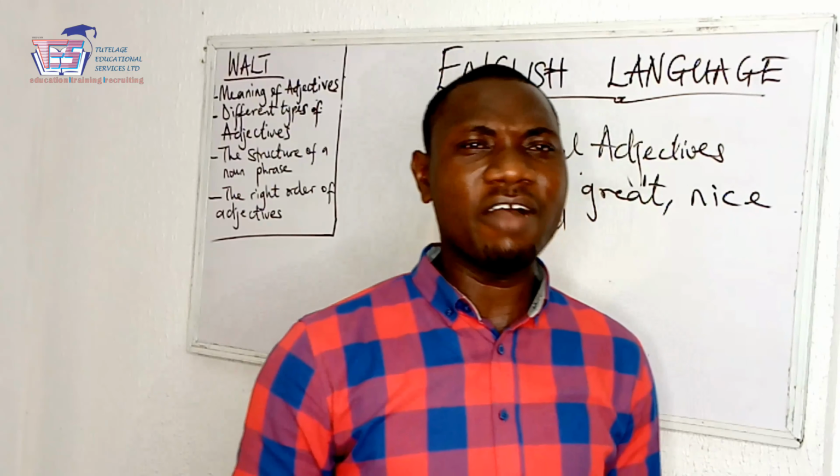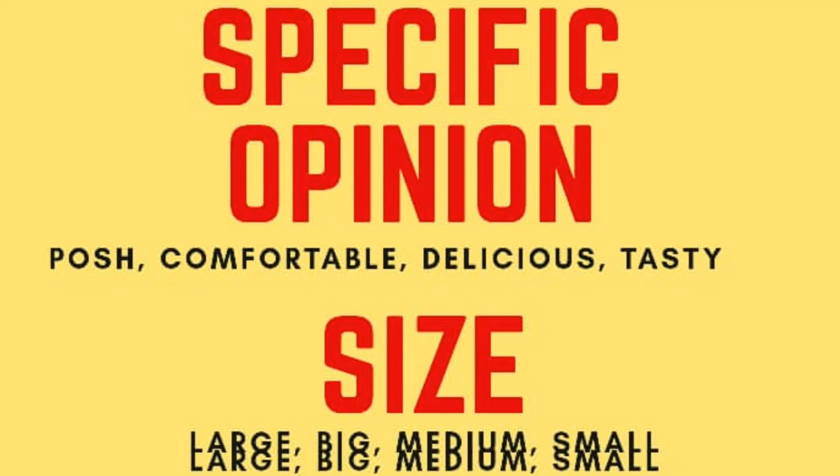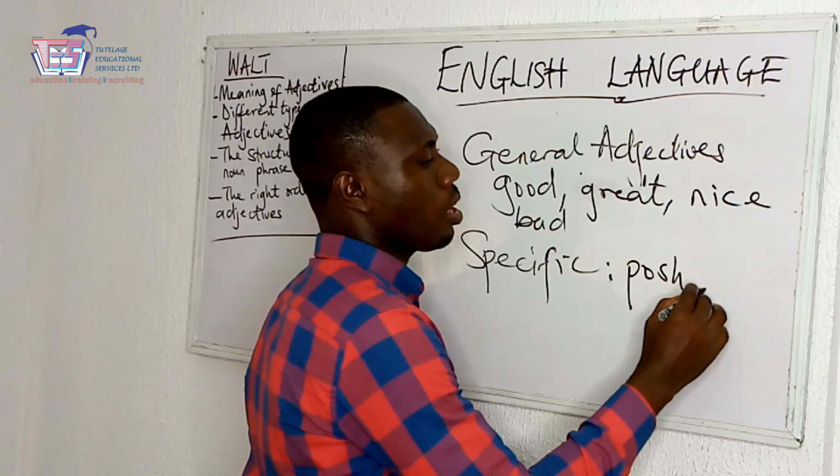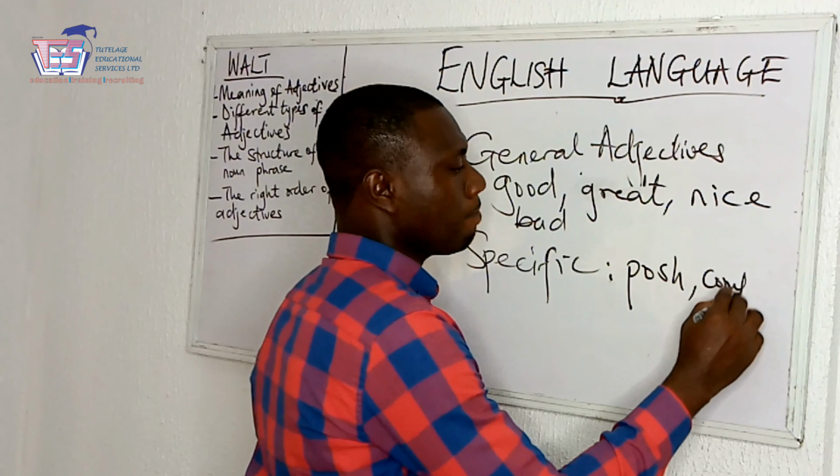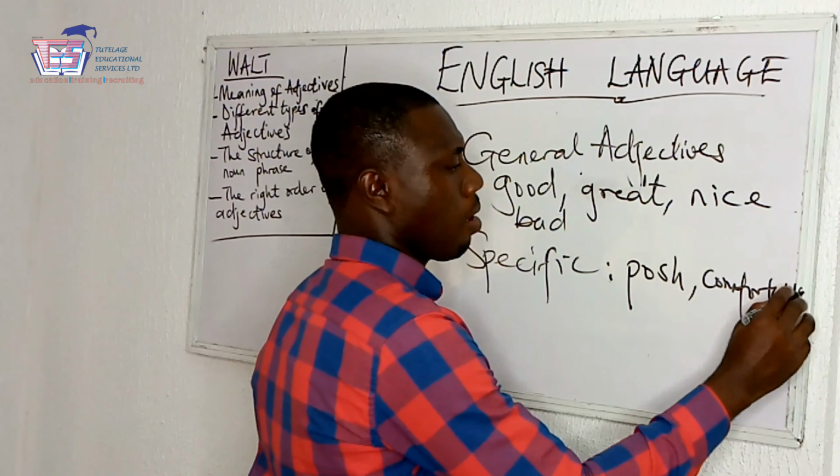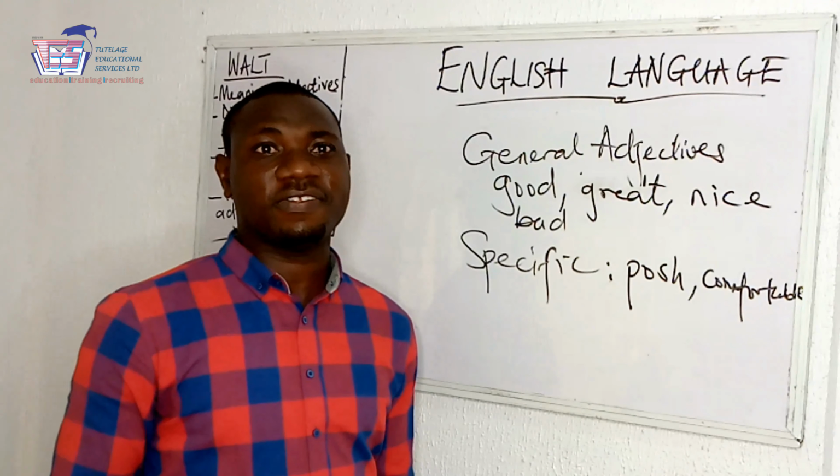Now from there we have what we call specific adjectives. Specific adjectives apply to certain types of nouns. That means you can't just use them for any kind of nouns. For instance, the word posh, comfortable, they apply to gadgets.